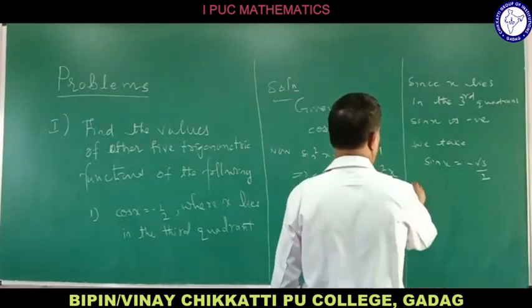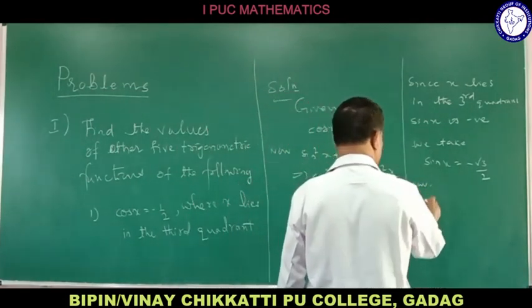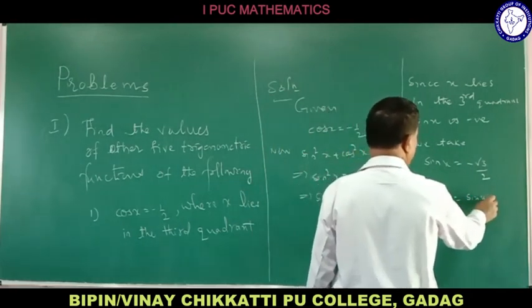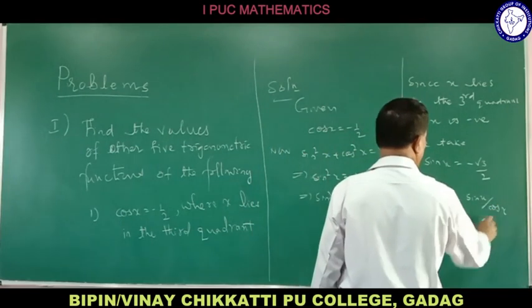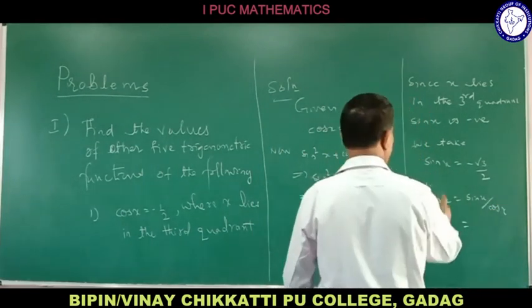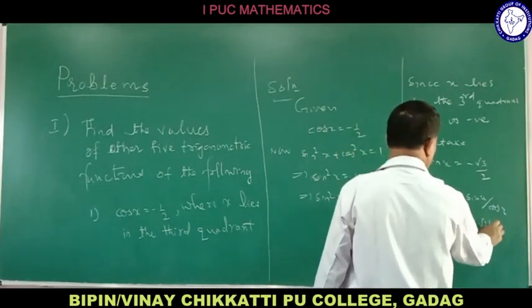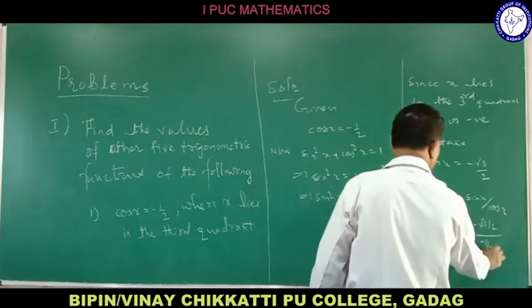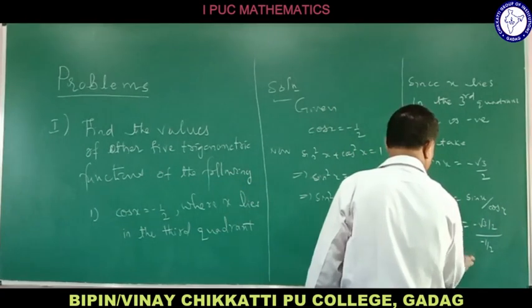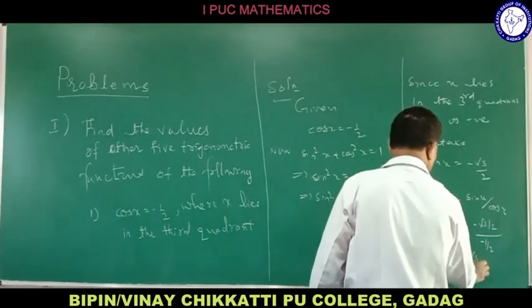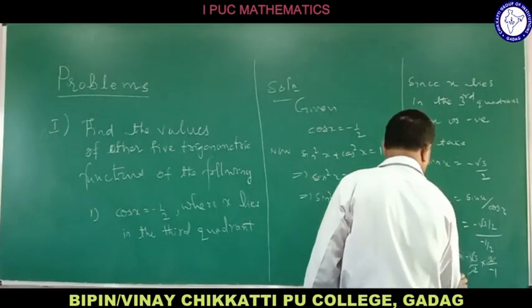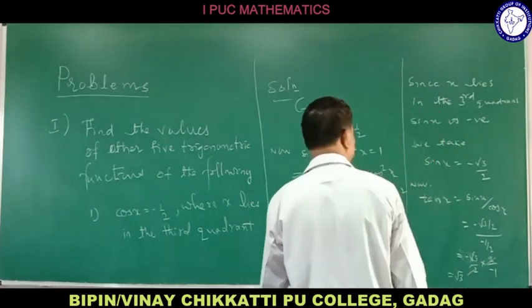So now, next, tan x is equal to sin x by cos x. Sin x is minus root 3 by 2, and cos x is minus 1 upon 2. So this is minus root 3 by 2 into 2 by minus 1. So the answer is root 3.